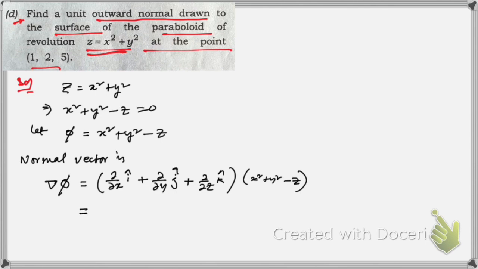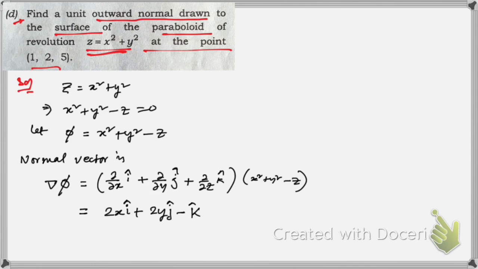If you differentiate x square with respect to x partially, that is going to be twice x, and if you differentiate partially with respect to y, then you consider x and z constant, and get twice y. Then if you differentiate with respect to z partially, you get minus 1, with k cap. So here i cap, j cap, minus k cap.